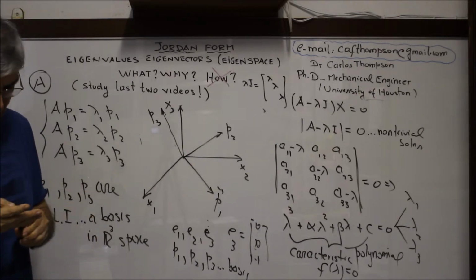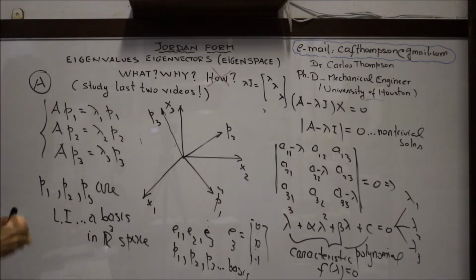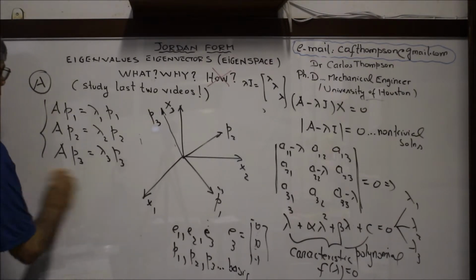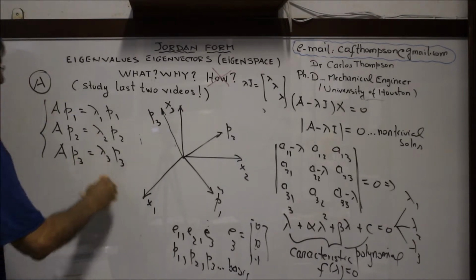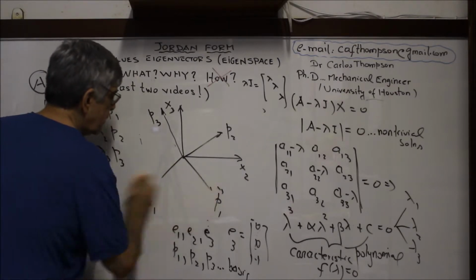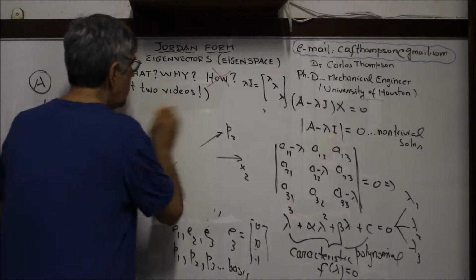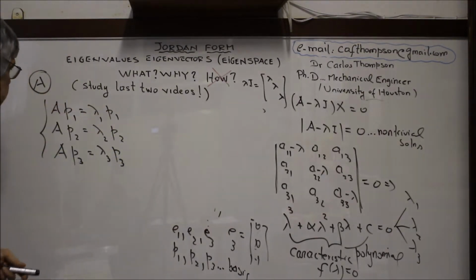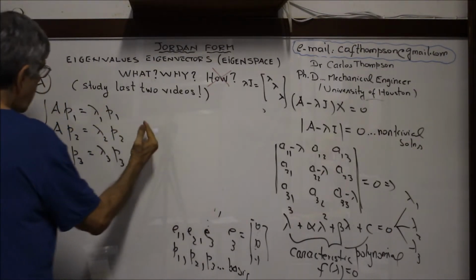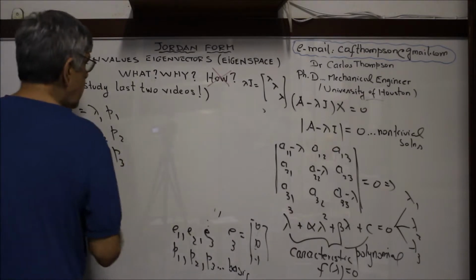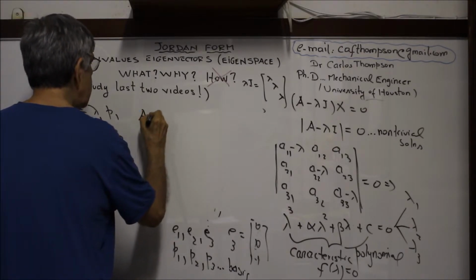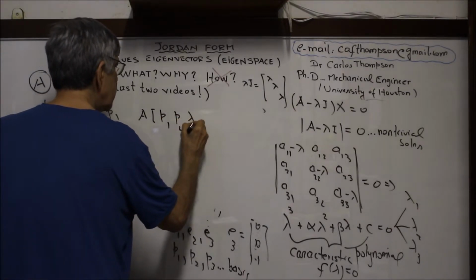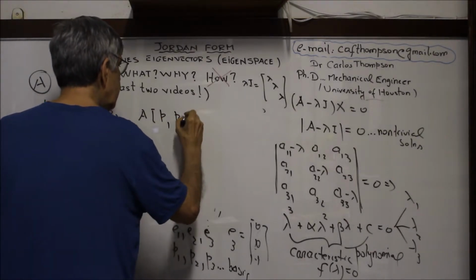I have two bases. Now I'm going to write here, understanding that, look how things are now becoming quite clear. I'll put all together like this: A, P1, P2, and P3.